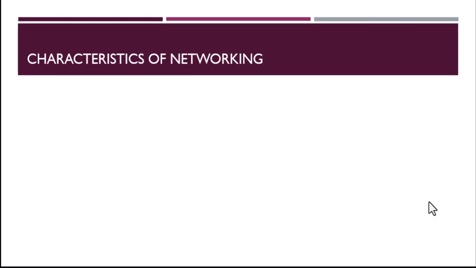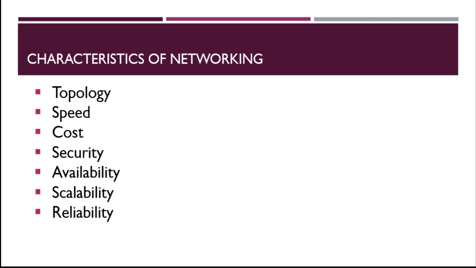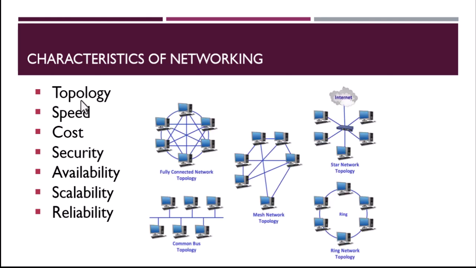Another important aspect of networking is the characteristics. These are some of the basic things which you need to consider when you are going to design your network. Topology. This is the logical and physical connection of the network nodes with each other.